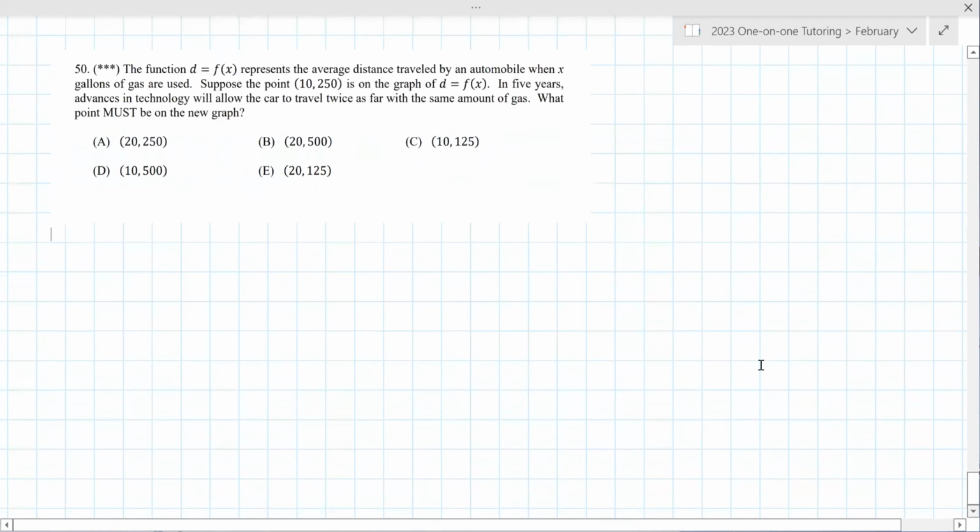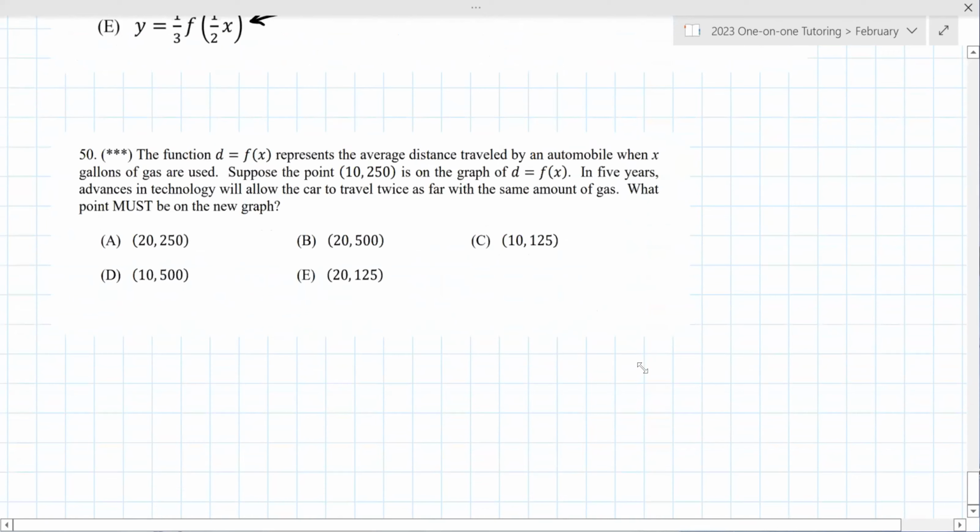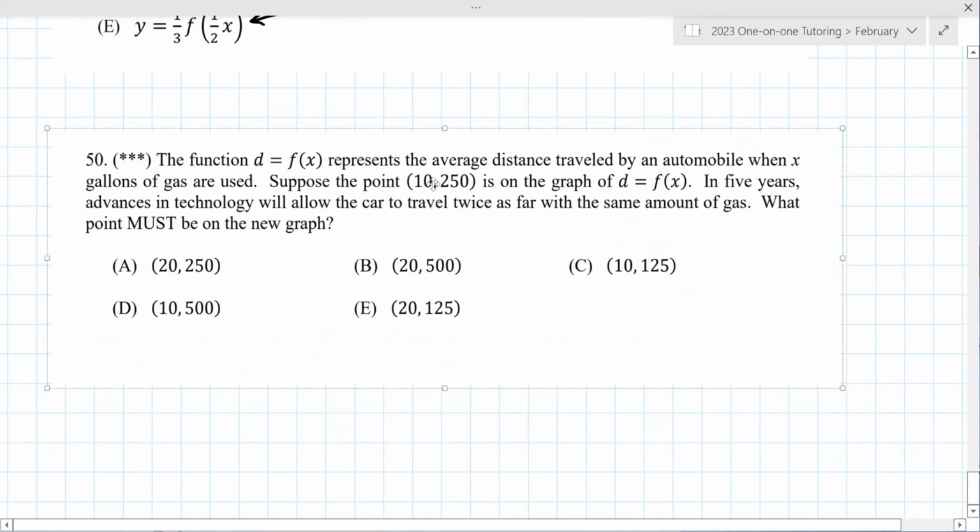Function d equals f of x represents the average distance traveled. Suppose the point 10, 50 is on the graph. In 5 years, advances in technology allow the car to travel twice as far with the same amount of gas. So what is the twice as far? Is that affecting the x or the y? That's really what you've got to decide here.